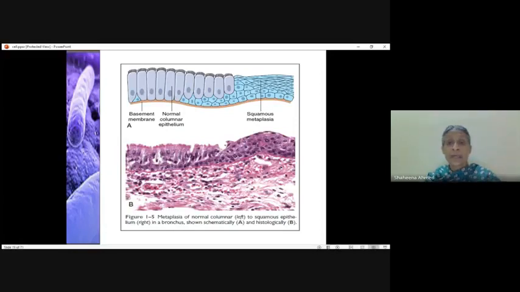But the problem is the squamous cells cannot perform the function which the columnar cells did. So if the stimulus is not removed, this change will go from the reversible to the irreversible side, and once it becomes irreversible, that becomes a very strong foundation for malignancy.